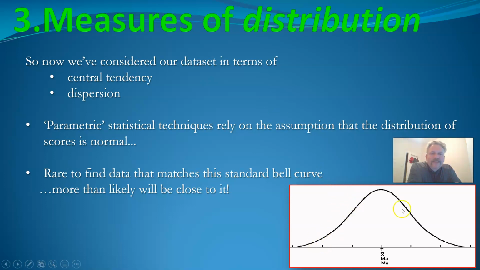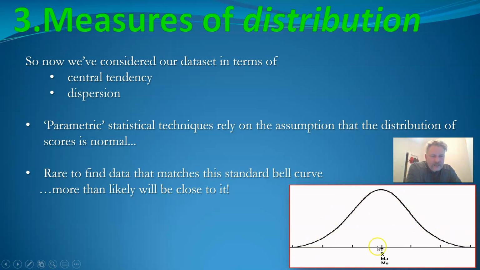A lot of our statistical tests are what are referred to as parametric tests. In other words, your data must meet certain properties. These parametric tests rely on your data having certain characteristics, one of which is that your data should have that kind of standard bell curve.